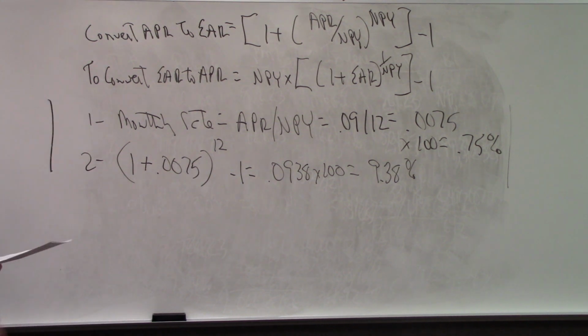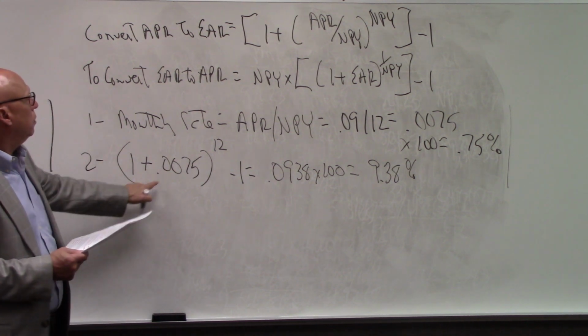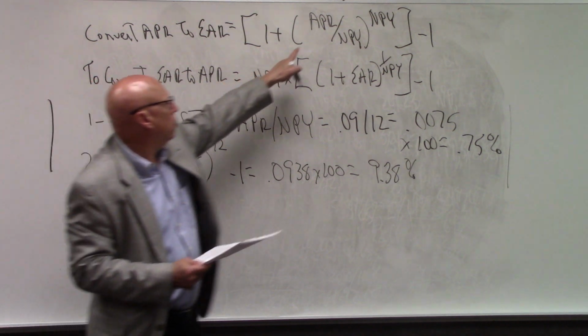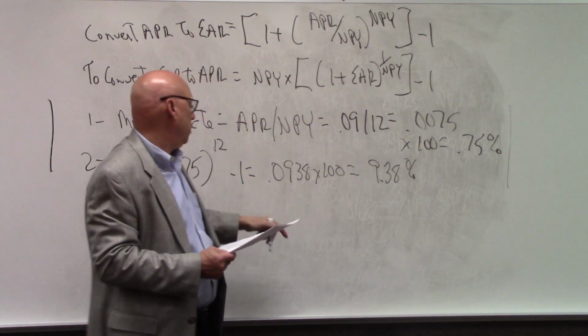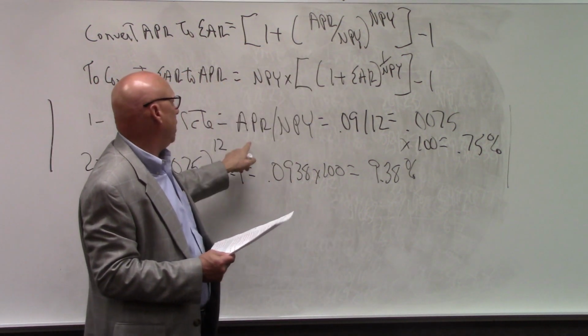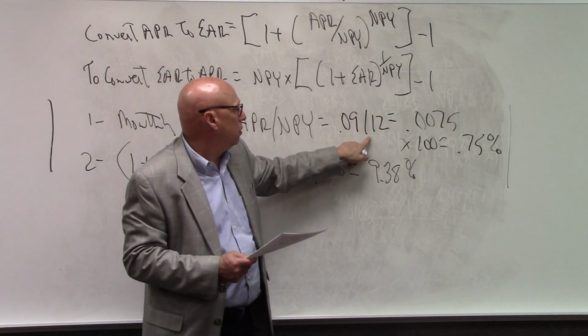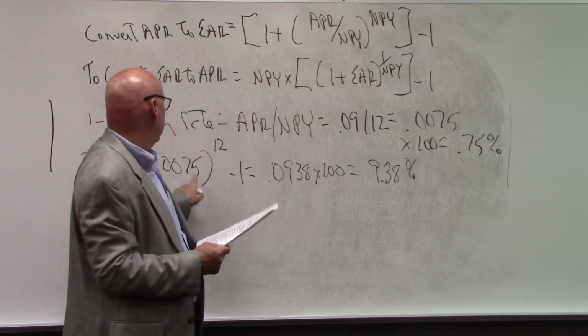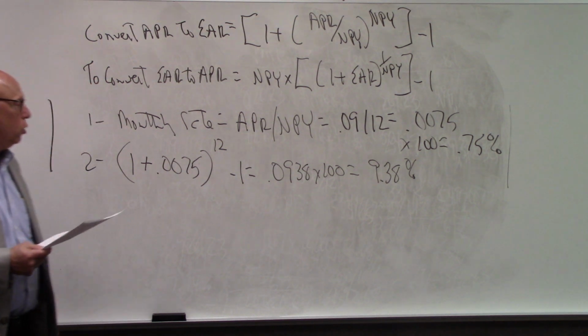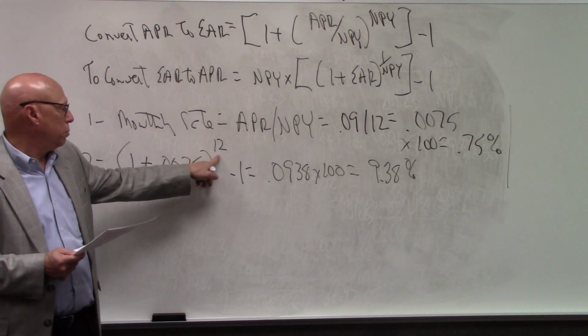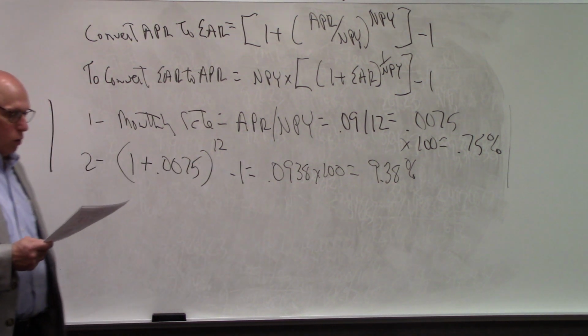Okay? 1 plus the APR divided by the number of periods per year, raised to the number of periods minus 1 times 100.